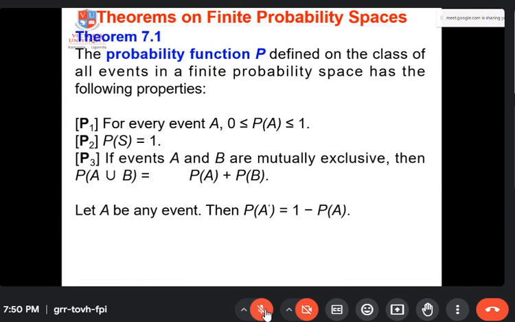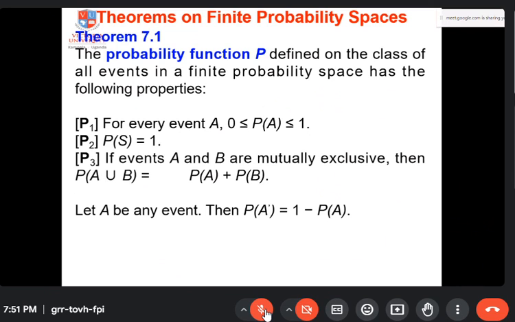So let us look at these theorems here. For every event, remember we said that the probability, I think it is just stating what we have already said. We said that the probability should not be negative. That means it is greater than or equal to 0.